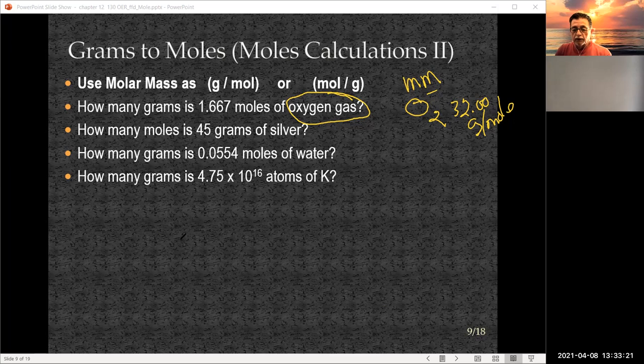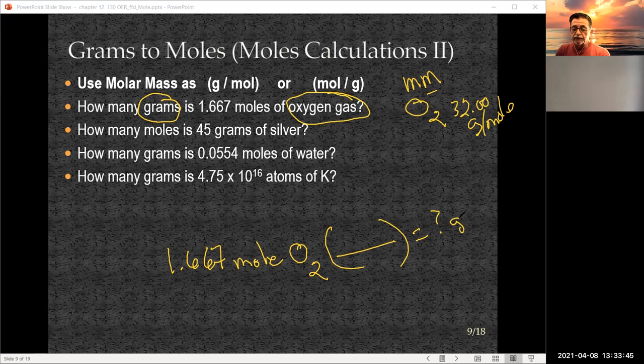All right, so we write down what we're given. We've got 1.667 moles of oxygen gas. Obviously, we have a conversion factor coming here. And what are we looking for unit-wise? We go back to the problem. It says grams of oxygen gas.